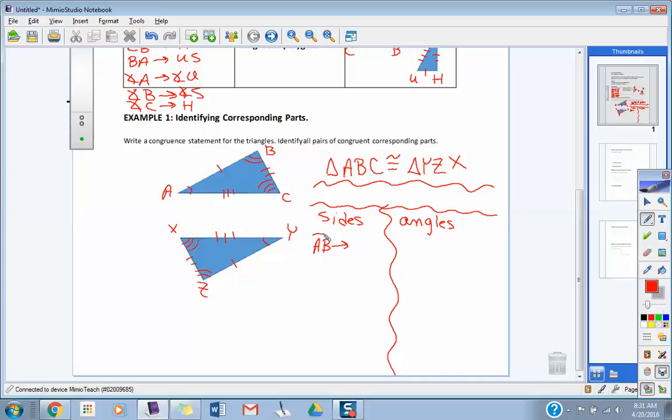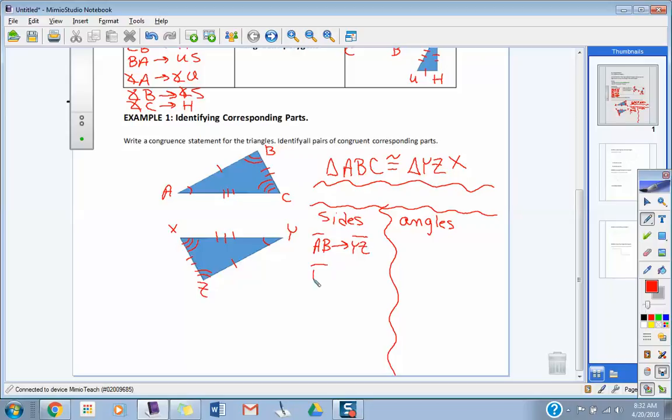YZ. Notice this right here, guys. How is AB listed up here in order? First and what? Second. How is YZ listed up here in order? Same order, isn't it? Would I really even need the drawing to be able to do this at all? I wouldn't, okay? But the drawing is handy. Let's pick the second side in this triangle, BC.